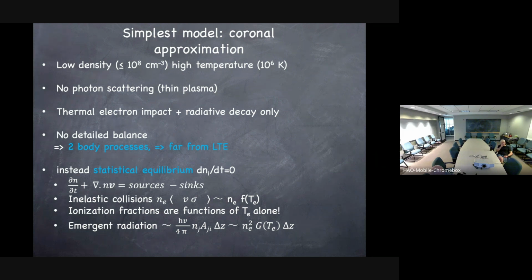Once we know the temperature, we know the relative populations in principle by setting dNi/dt on the left-hand side to 0. We balance the sources and sinks, and we end up with a distribution of number densities of atoms or ions in their ground states. The emergent radiation doesn't come from the ground states, it comes from higher energies.